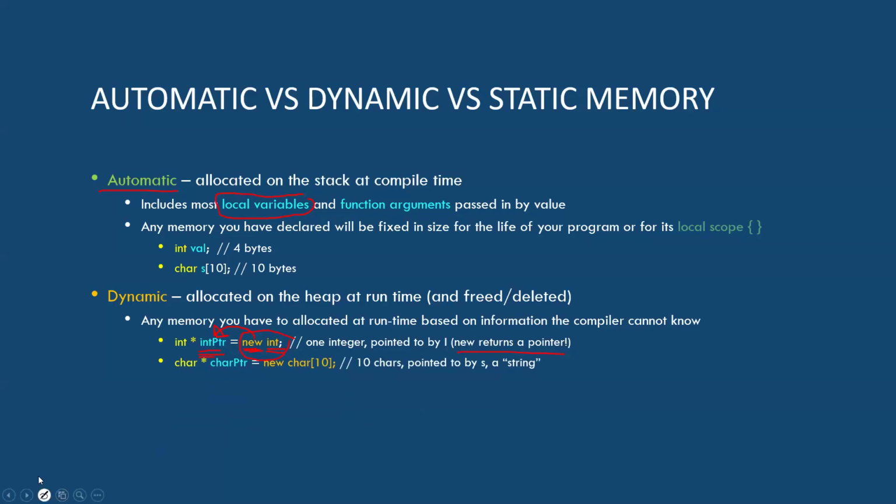Now, similarly, I could create lots of things. So I could create new characters, and I can create 10 of those things. And now I got 10 characters in a row that I created just right now. I'm holding on to the address of the very first one. So people would say, wait, that's an array, but this is a character pointer. Well, turns out that arrays are just pointing to the first thing in the array.